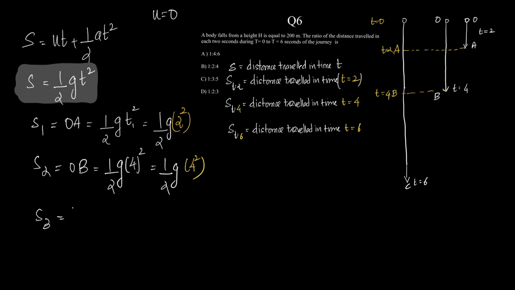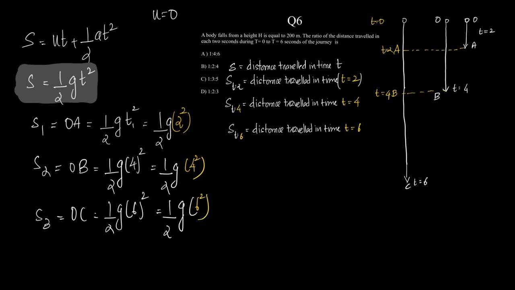So S3 is equal to OC is equal to half into G into how long was the body in the air for? 6 seconds. So this is half into G into 6 square.